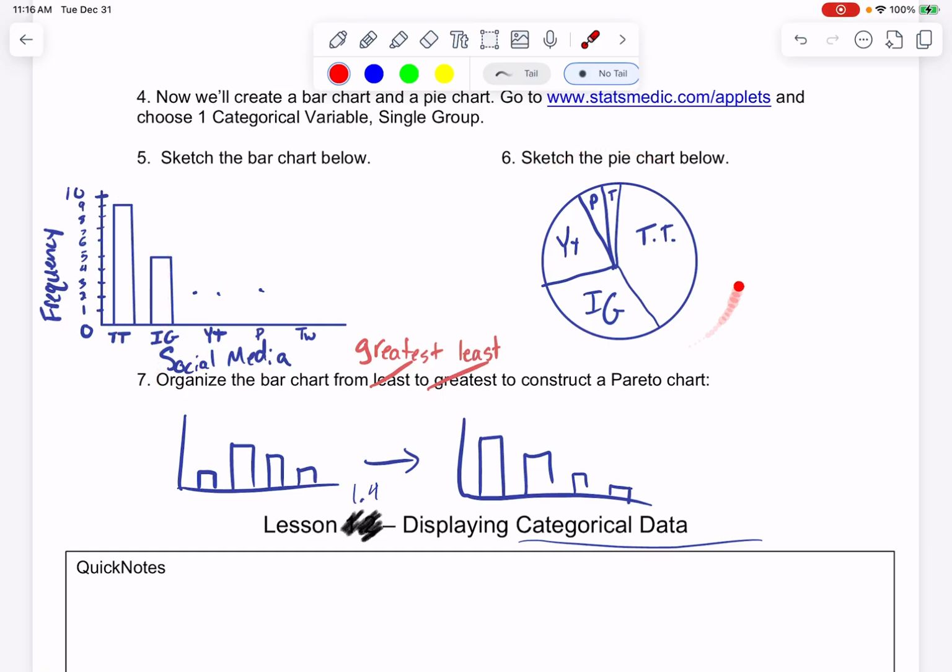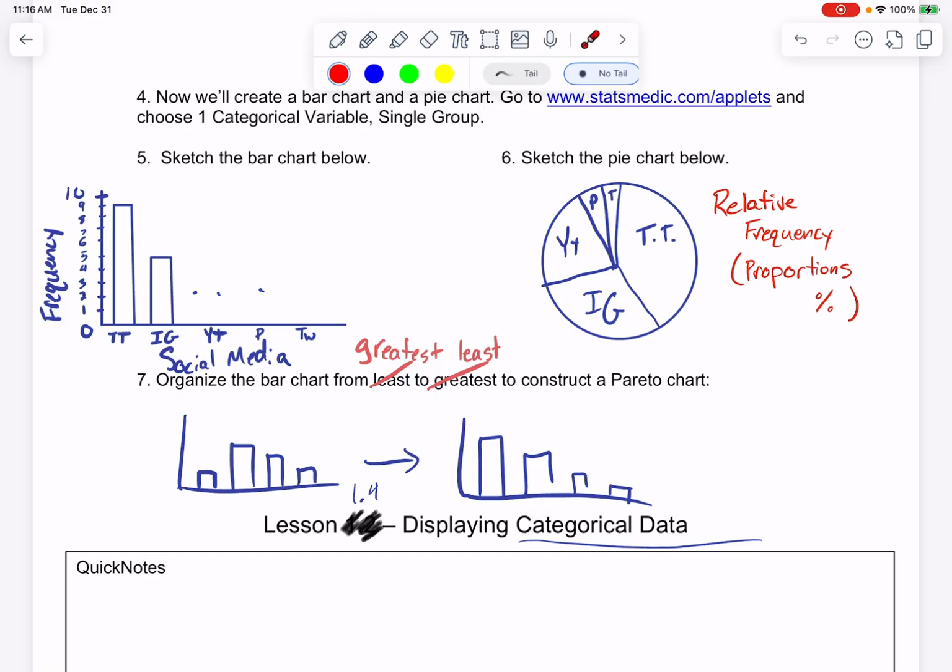Or we could make a pie chart, and what I didn't note on here, this is relative frequency. So relative frequency, when we think about that, we think about proportions. Or maybe what's more familiar to you is that idea of a percentage.